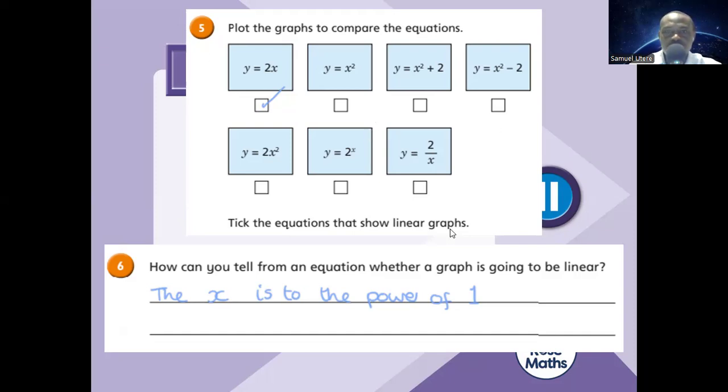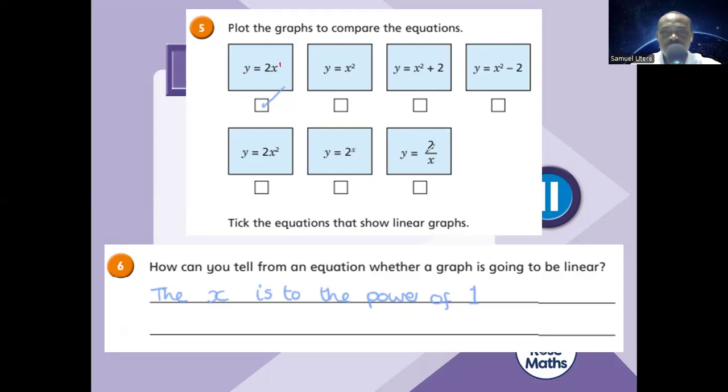So when we say power of 1, let me use my pen. When we say the power of 1, this one here is just written as y equals 2x, but because there is nothing written there, in maths we assume there is a power of 1 there. But these other ones, there is something about them.